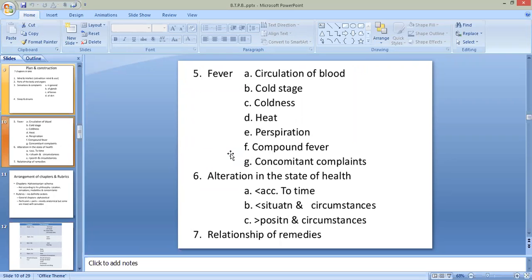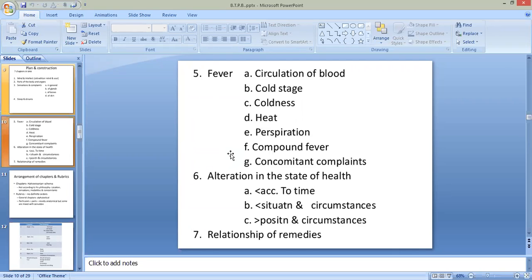In this chapter, there are about 116 rubrics, and the number of pages covered by this chapter fever is about 19. The arrangement of rubrics is not alphabetical, and as we know, the number of subchapters in this chapter is 7.